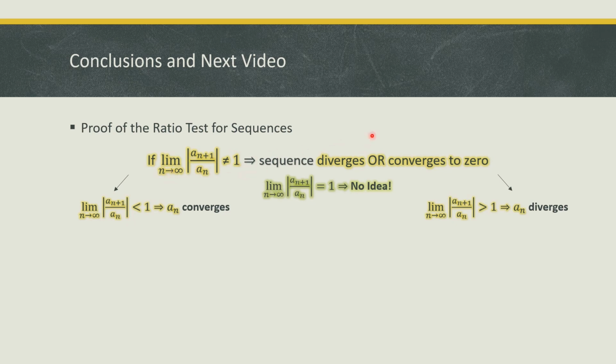So that's the contrapositive that we started with. And this test can be broken down into two cases. The first case is when the limit is less than 1, in which case the sequence converges to 0. And when the limit of the ratio is greater than 1, then the sequence diverges to infinity.